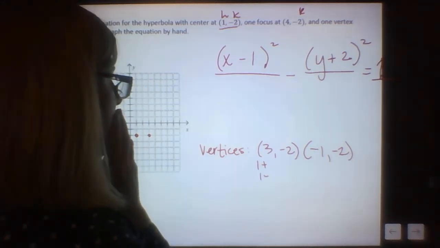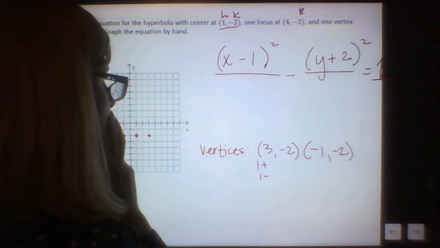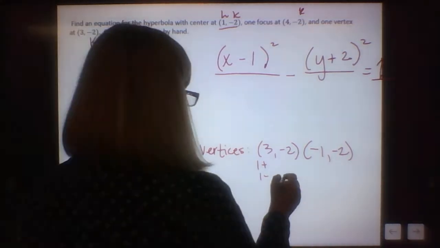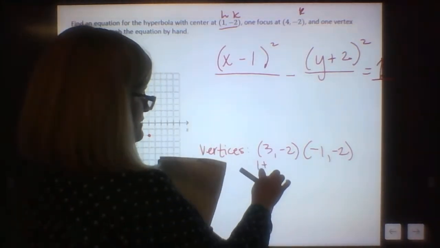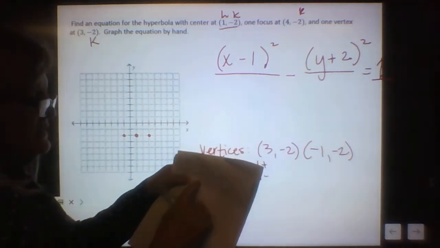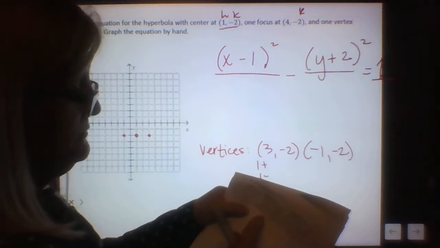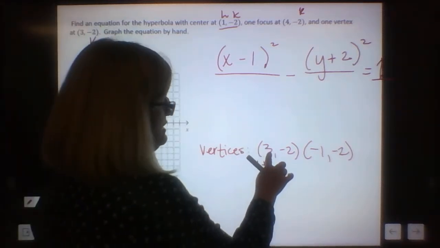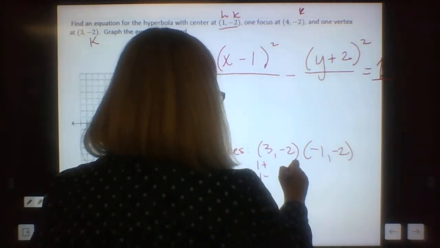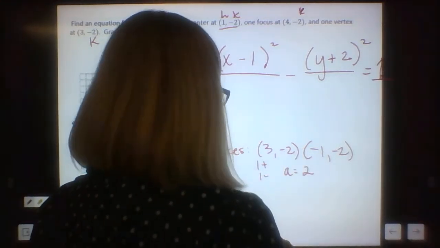What would that be? 2. So, from H plus A and H minus A, and my H is 1, 1 plus something has to give me 3, and 1 minus something has to give me negative 1. So that means A is going to equal 2.